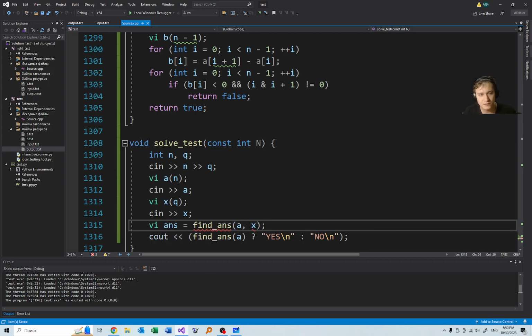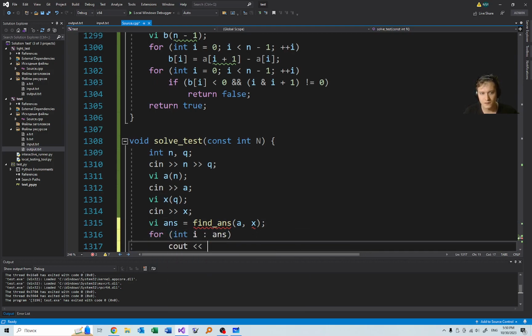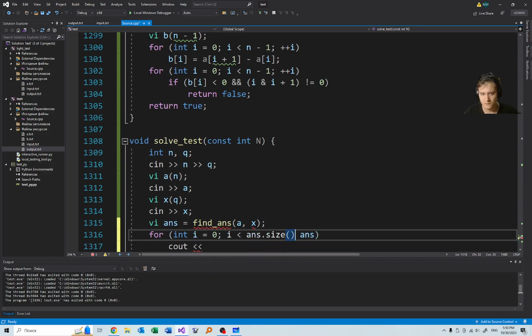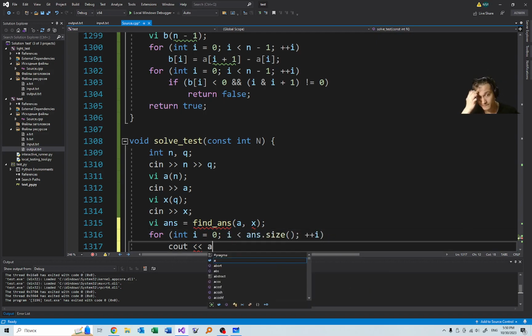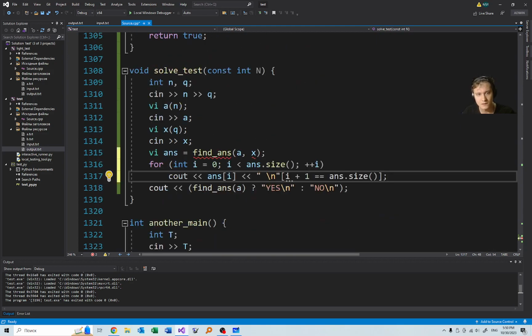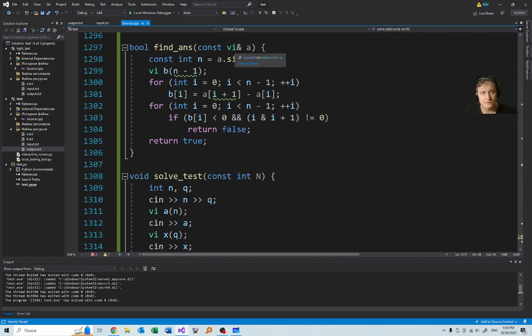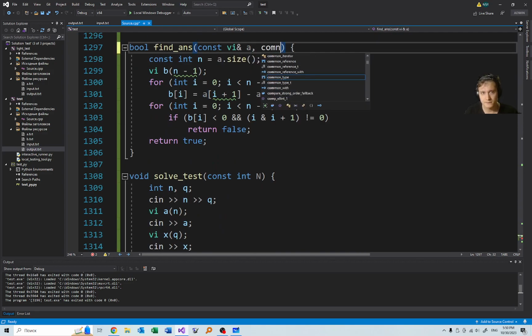We print ans I. And then we print, that's it, that's all we print. So how do we act here?